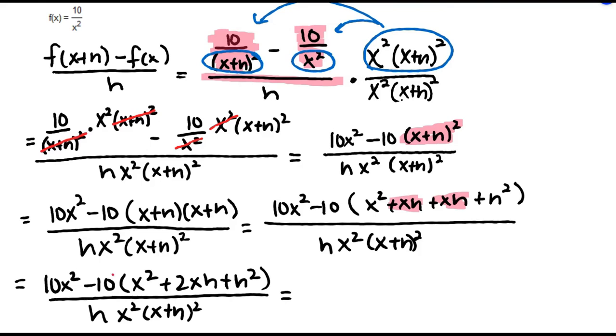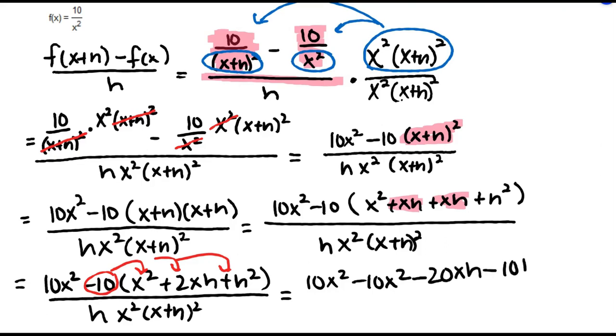And now I'm going to distribute this negative 10 to all the terms in the parenthesis. That's 10x squared minus 10x squared minus 20xh minus 10h squared over hx squared times x plus h squared.